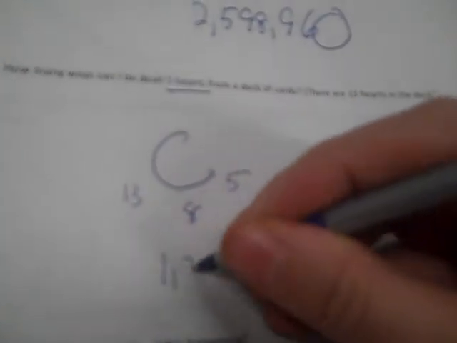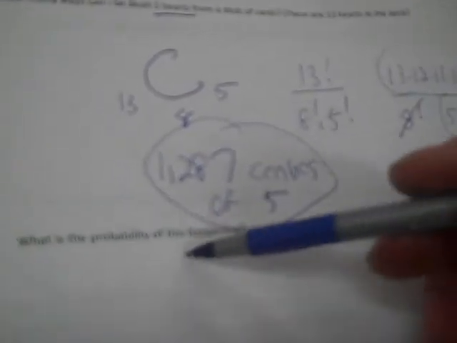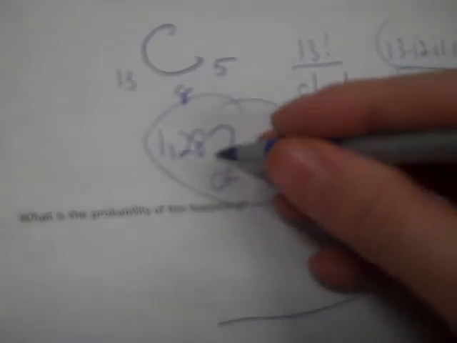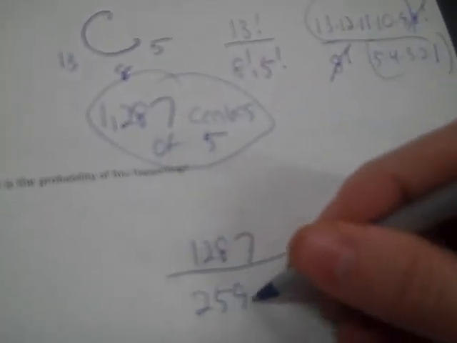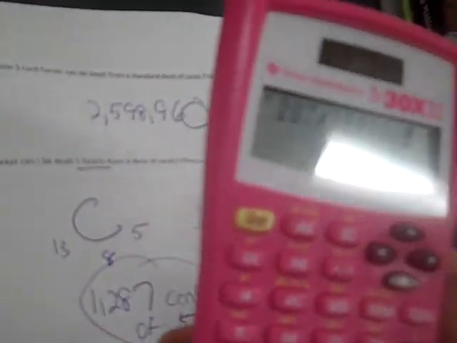Okay, 1,287 combos of 5. That's combinations of 5 hearts, though. Now to find the probability, the percentage, put that in the numerator, that in the denominator. So divide, times 100. 0.05%. Okay.